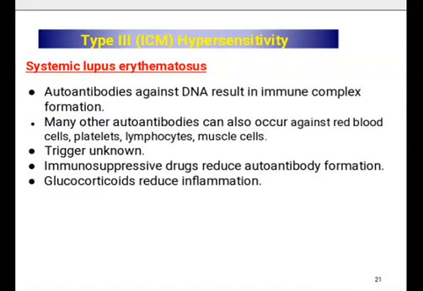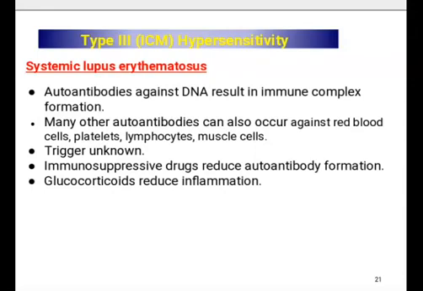And the last example of this hypersensitivity is systemic lupus erythematosus. Technically it is known as systemic lupus erythematosus, or lupus disease.